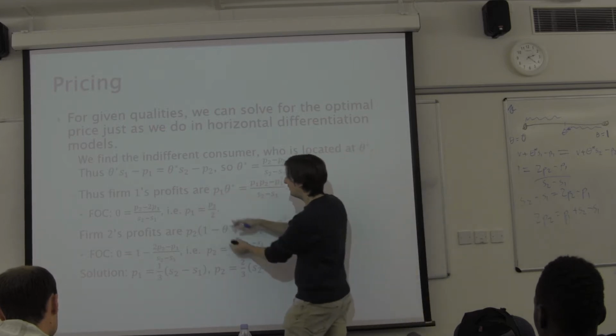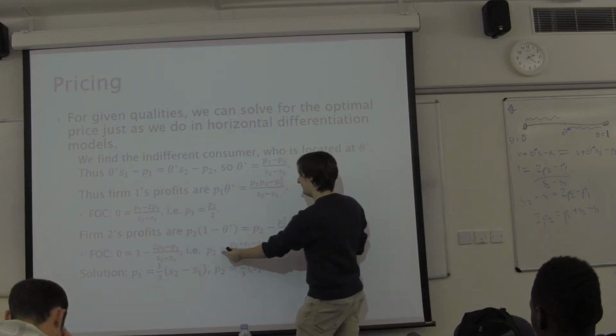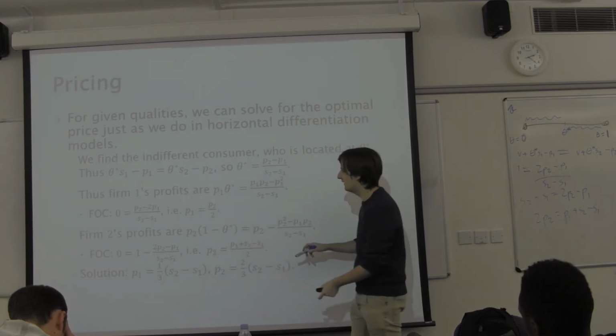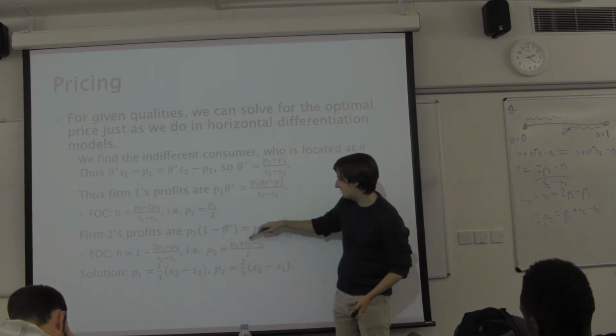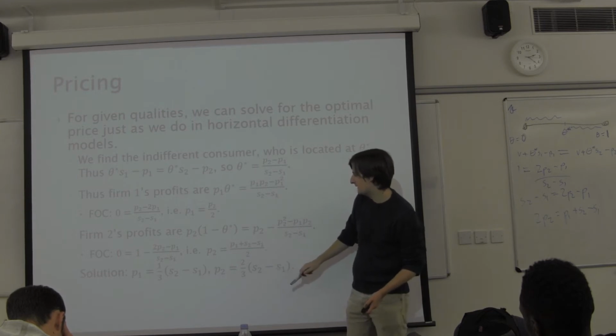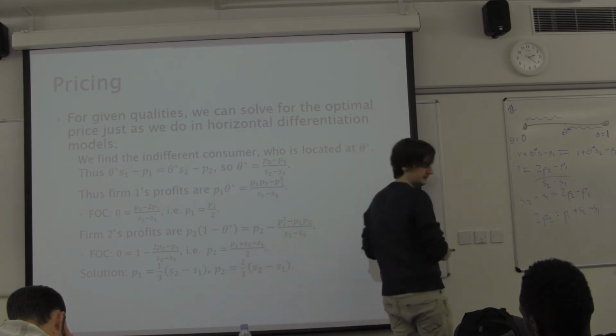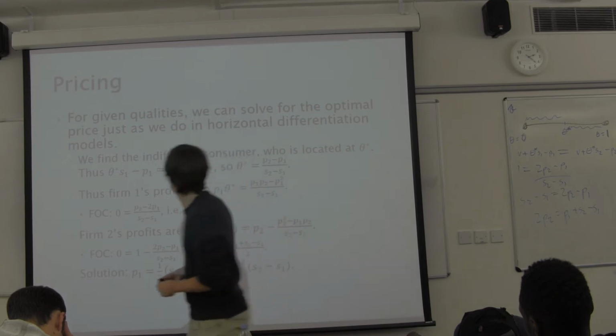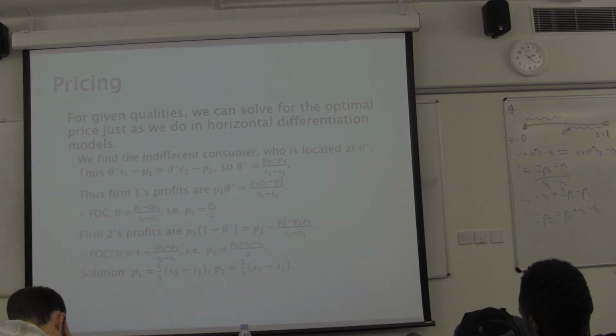So anyway, we've got these two equations: P1 was P2 over 2, P2 was this thing over 2. We can substitute this one into this one. I'll do that on the board. P1 was P2 over 2, and P2 was P1 plus S2 minus S1 over 2.